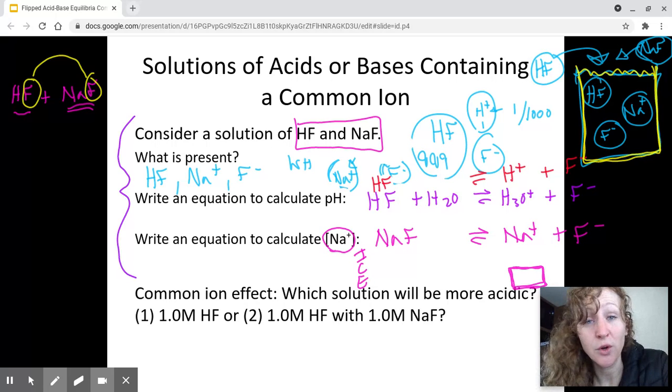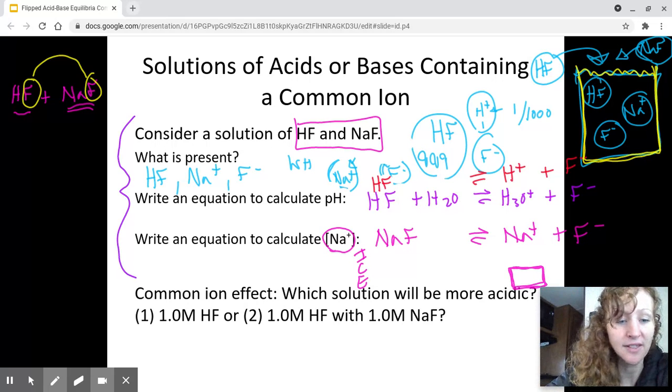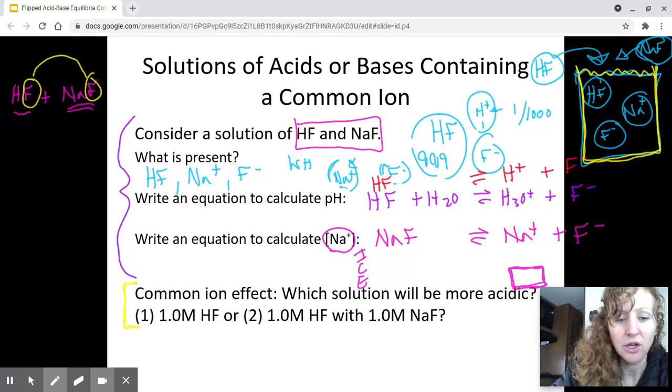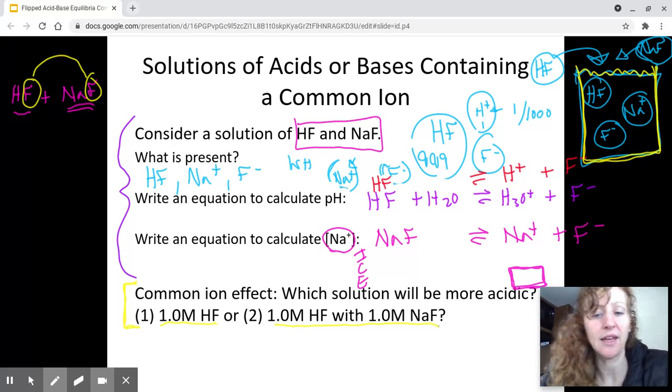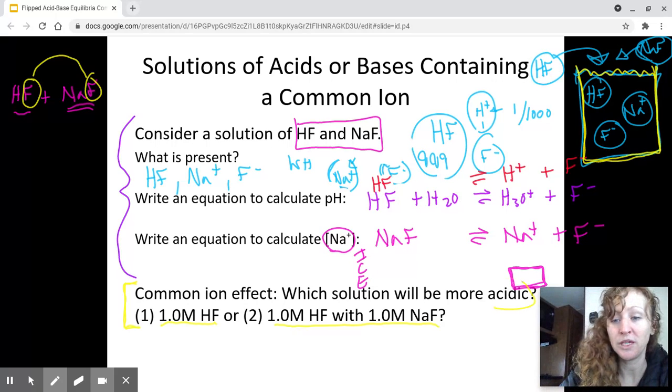Okay, so now that we have this understanding of our solution, let's look at a specific example here at the bottom. Which solution will be more acidic? 1 molar HF by itself or 1 molar HF with 1 molar NaF? Okay, so let's set up these two examples and calculate down to the pH, right?